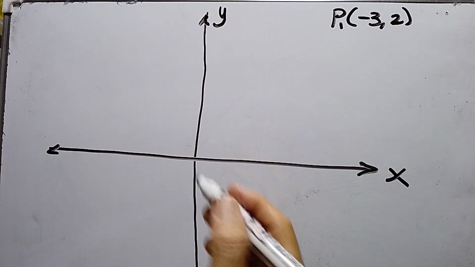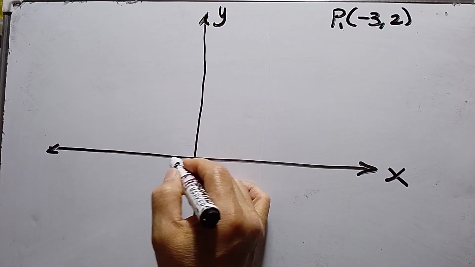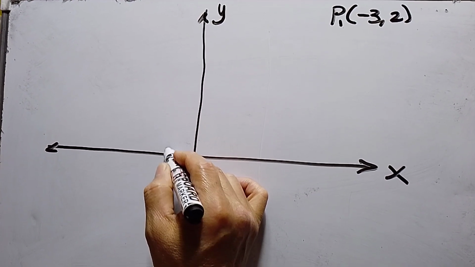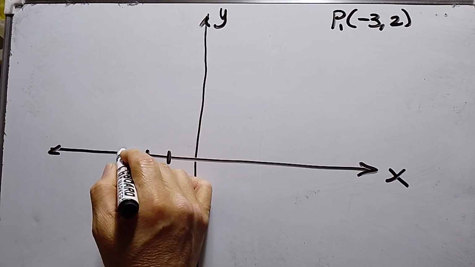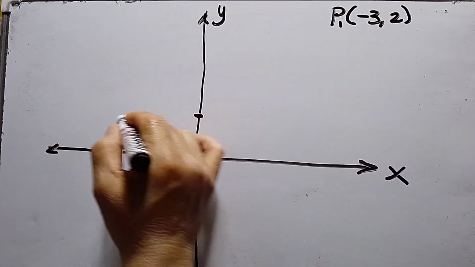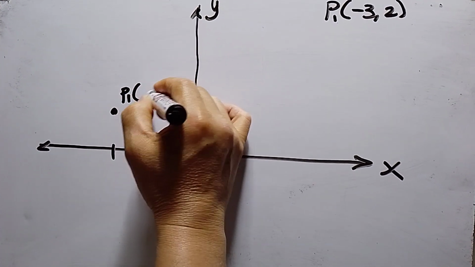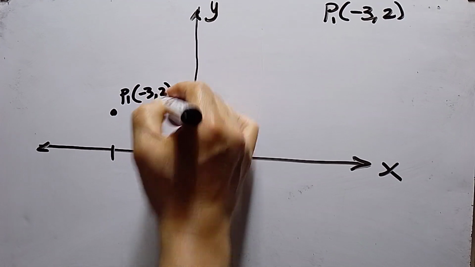So where can I locate this point? It is in quadrant 2. My x is negative 3, 1, 2, 3. And then my y is 2. So in here is point 1, negative 3 and 2.